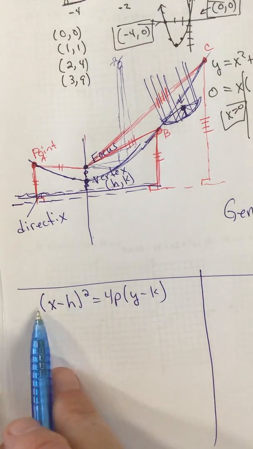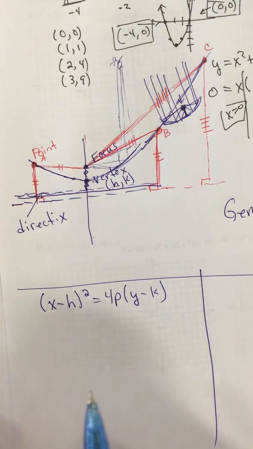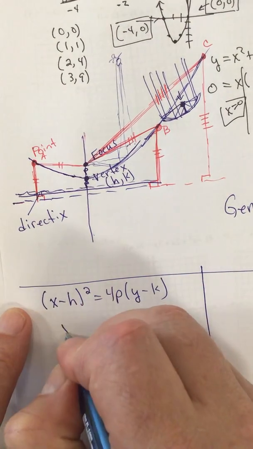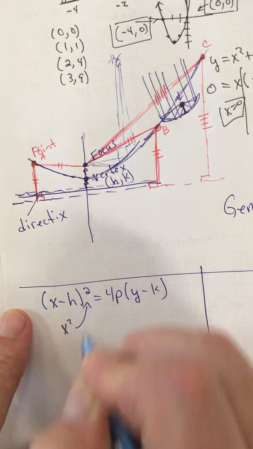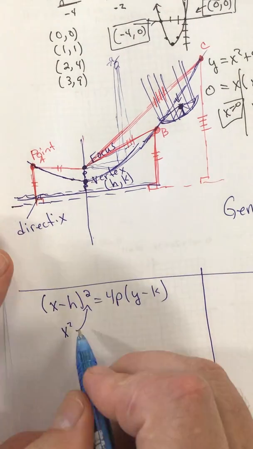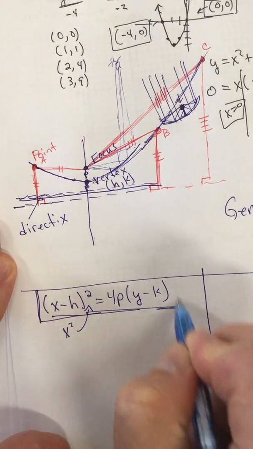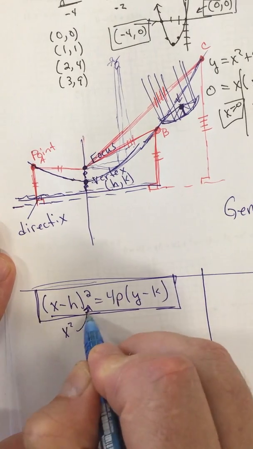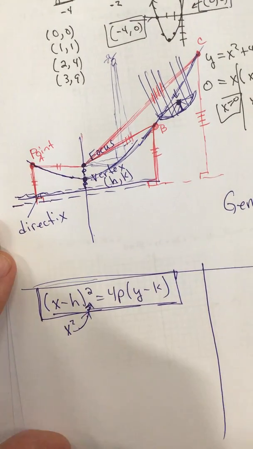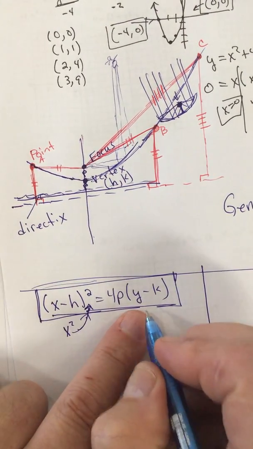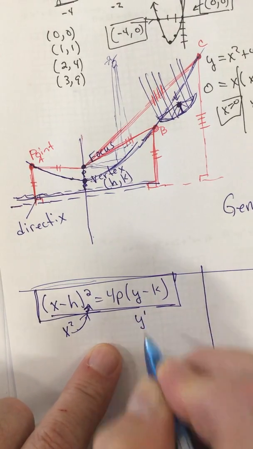Now notice if we squared all this out, this would have an x squared. So the x is going to be squared. I don't want to mess up the main formula while I'm explaining it. If we multiplied all this out, the x would be squared and the y would be single.